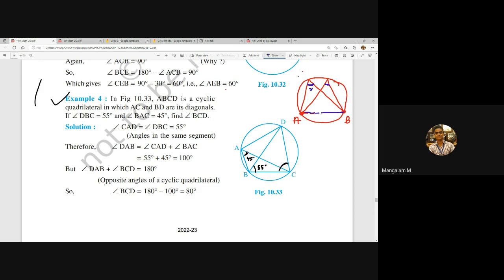Let's say this is X, then it will also be X. Angles on the same segment are equal.